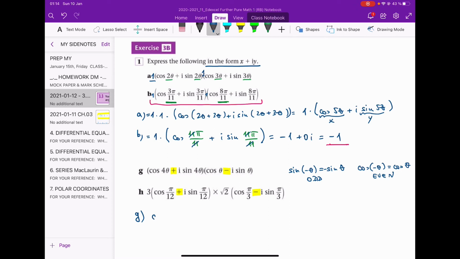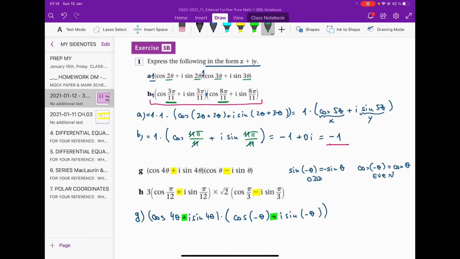So before multiplying, you need to modify it first, this minus sign in the middle. I would have this times, and then I need to rewrite it as cosine minus theta plus I sine minus theta. Okay, and now I have plus plus.